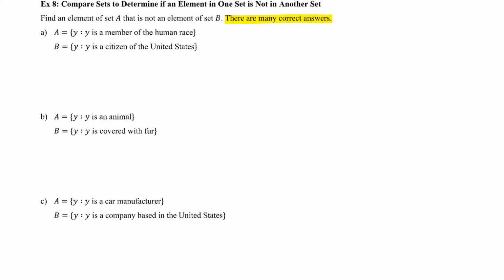And as we said, there are a lot of different answers to this problem. The one that I'm going with is the Queen of England. The Queen of England is a member of the human race, but is not a citizen of the United States.